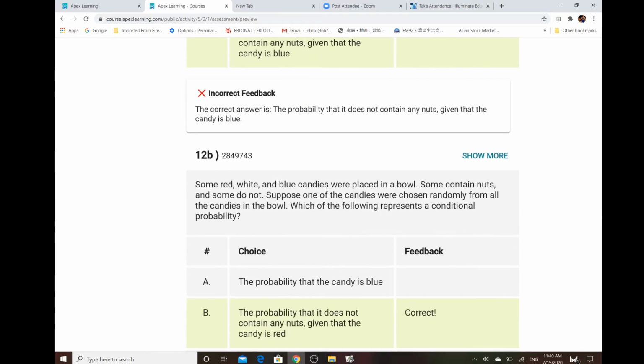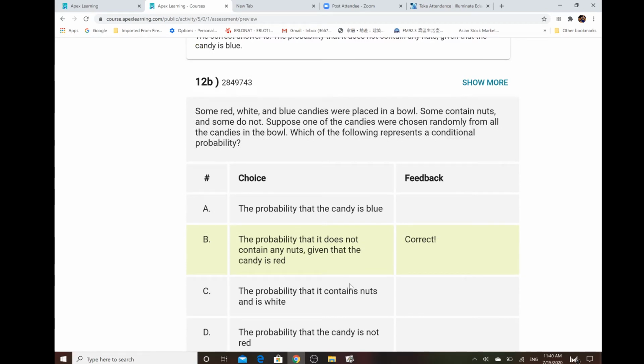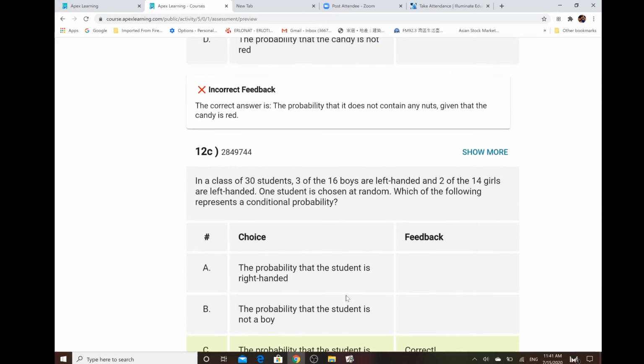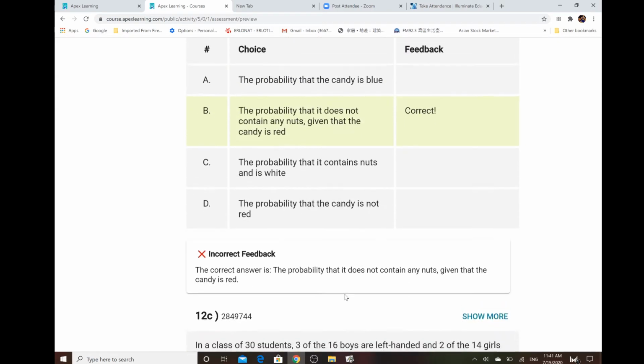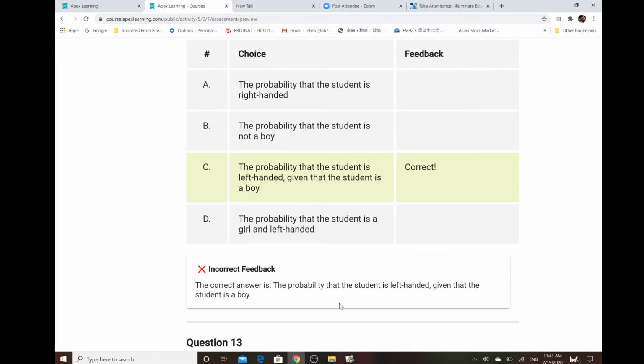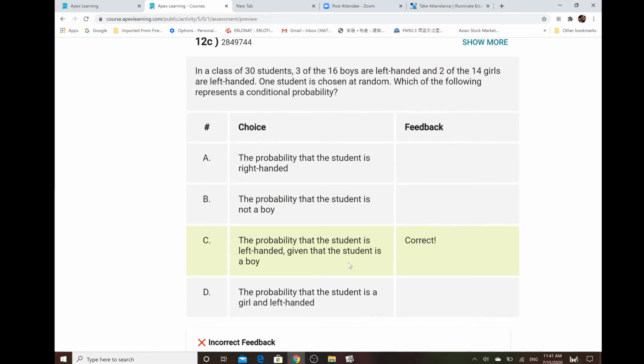Okay, and here's another one. It's quite similar. The probability that it does not contain any nuts, given that the candy is red. So conditional probability. The probability that the student is left-handed, given that the student is a boy.